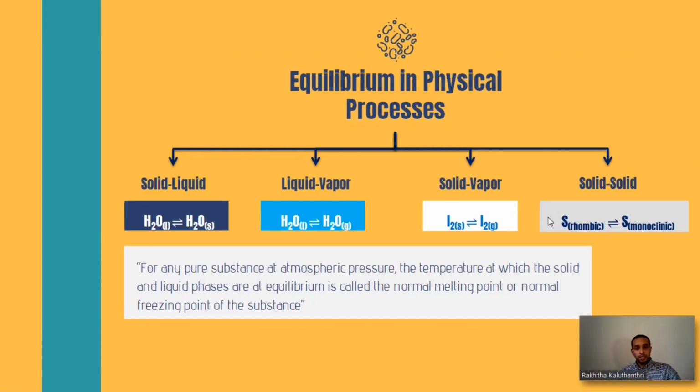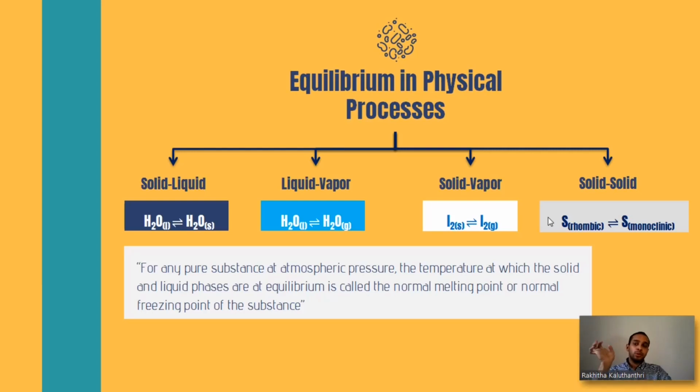That concludes the concept of equilibrium part. Now we'll be looking at the different types of equilibrium that we have, right? Equilibrium in physical processes can be broken down into these 4 categories. Most of the physical processes in equilibrium relate to transition from one phase to the other.